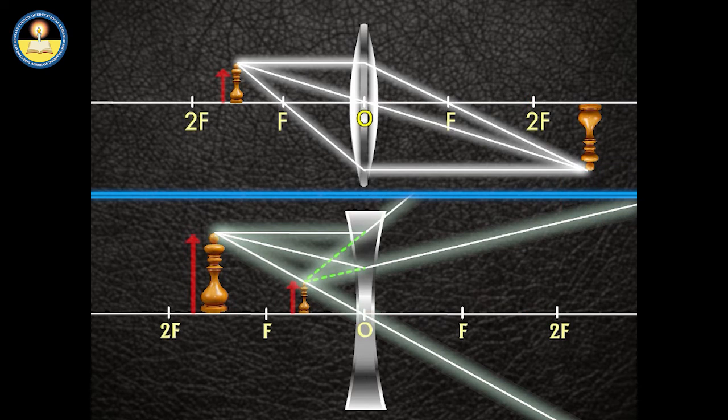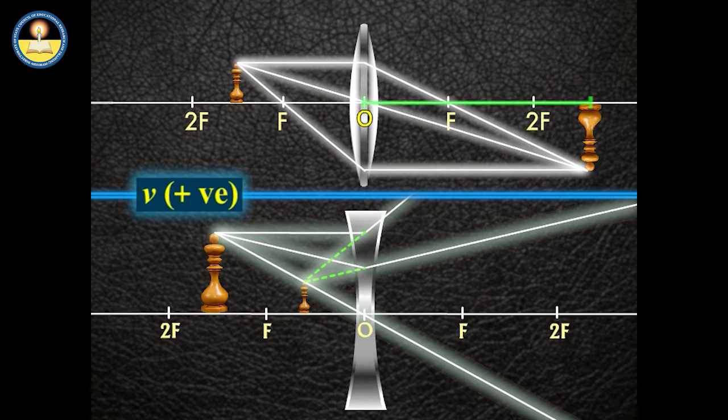All heights above the principal axis are to be taken as positive, while the heights below the principal axis are to be taken as negative. As a result of these sign conventions, the object distance is always negative because the object is placed to the left side of the lens.